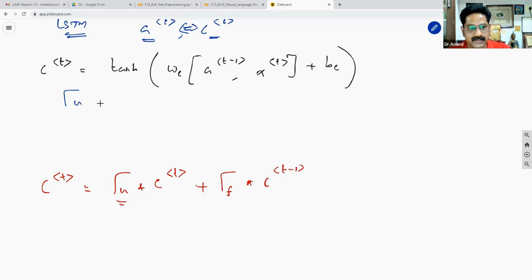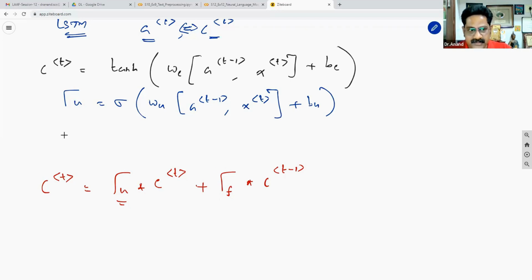So tau of u is represented as the sigmoidal function, with a dedicated weight, same as your GRU: W suffix U, A of t minus 1, comma, X of t, plus bias of this.